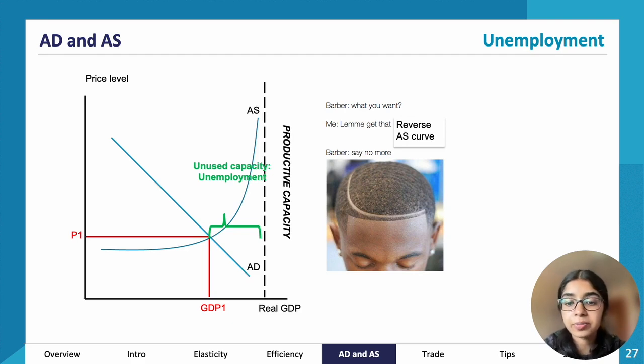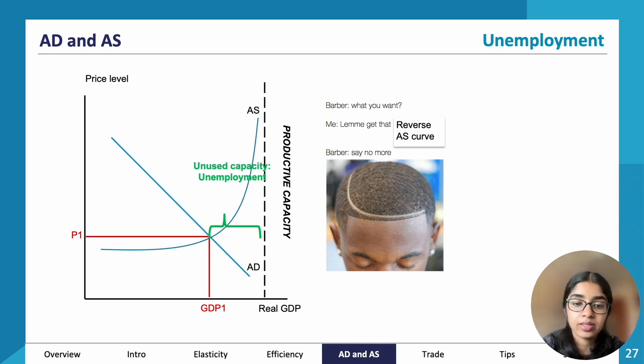Okay, so now let's talk about unemployment. Unemployment is all about spare labor resources. So labor resources that we have available, but we're just not using because we have no need for them at the moment. If we look at this graph, we've got aggregate supply, which is the curve, and then aggregate demand, which is again downward sloping.